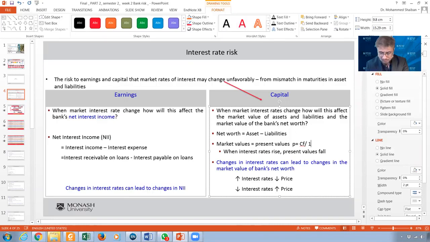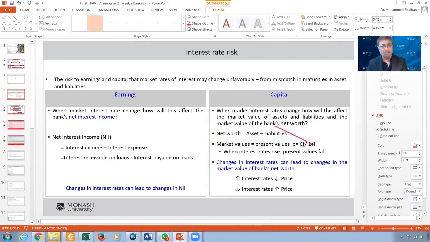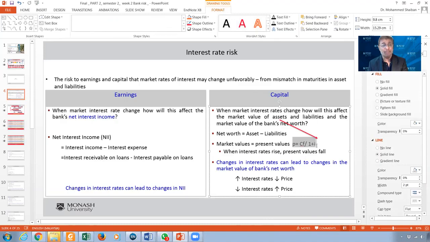If the i increases, in this case the price will go down. And this is the impact of the increase in the interest rate on the capital.